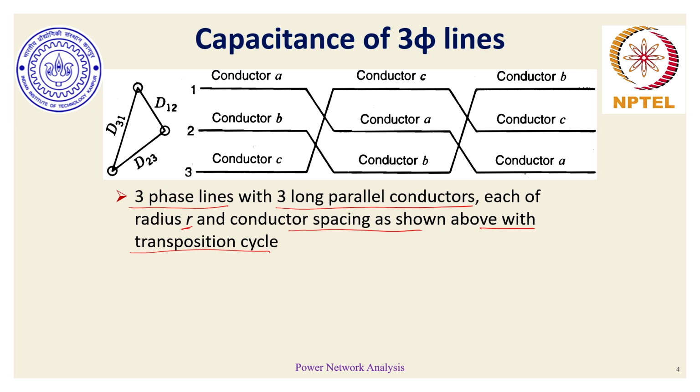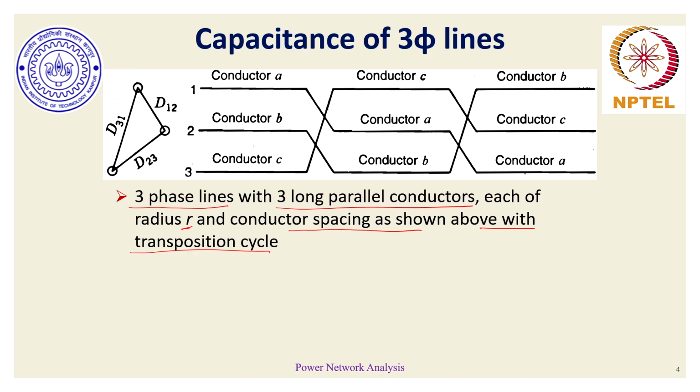Transposition ensures that every phase occupies similar distances as compared to the other two phases. In a full transposed system, you would find at least 3 sections where the distances are more or less similar, so that every phase occupies the same position of the other phase conductors.